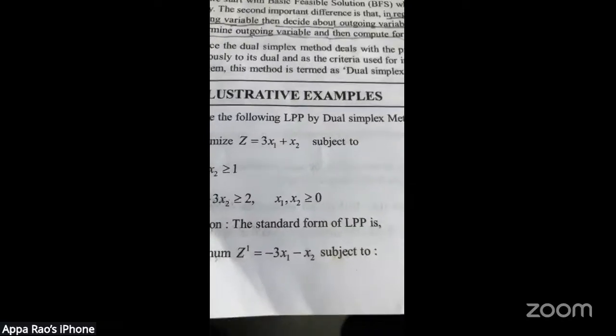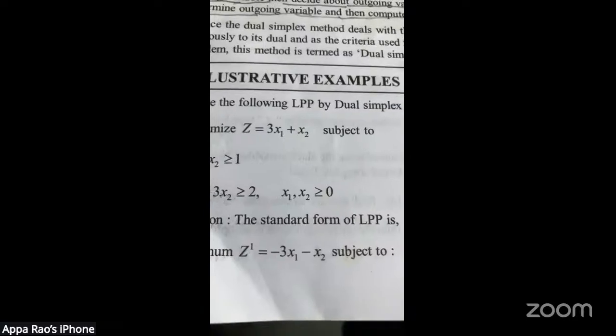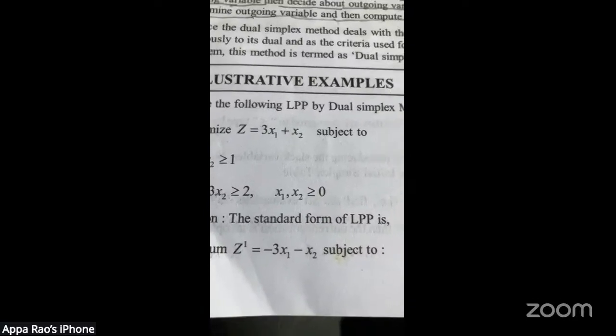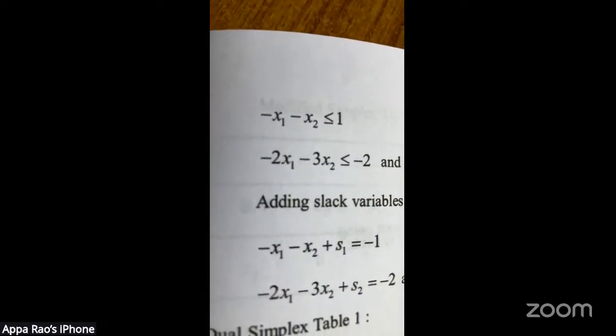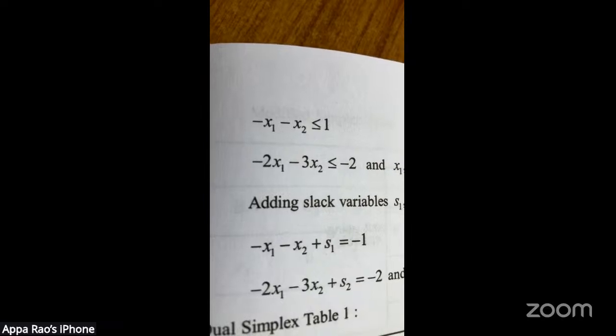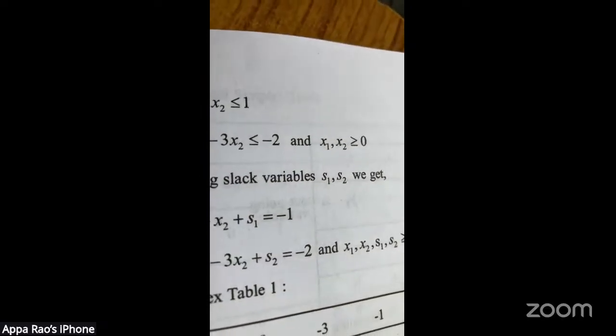Solution. The standard form of the LPP is maximize z' equal to minus 3x1 minus x2. Subject to minus x1 minus x2 less than or equal to minus 1, minus 2x1 minus 3x2 less than or equal to minus 2.